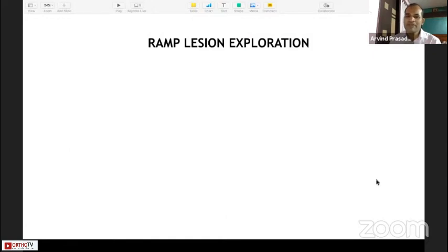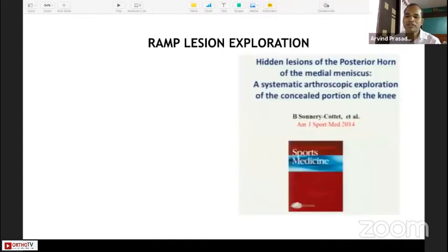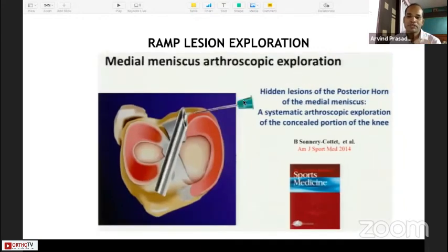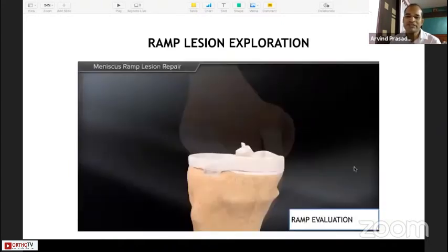About ramp lesion exploration: this lesion is also called the hidden lesion or missed lesion, very well described by Sonnery-Cottet in the American Journal of Sports Medicine. He says your scope should be in the posteromedial gutter first, then at the border of the posteromedial portal, you pass your needle and probe the capsule as well as the meniscus.